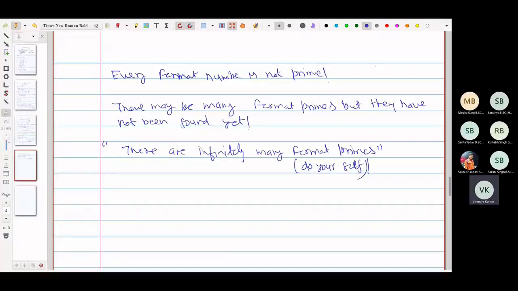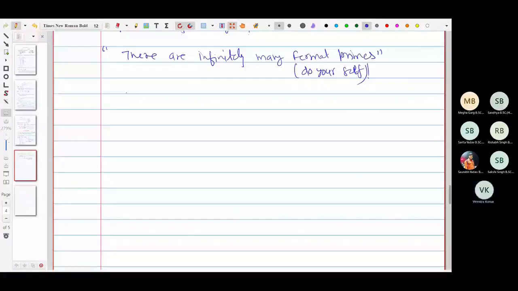Another result is that the distinct Fermat prime numbers are relatively prime. So this is another result.